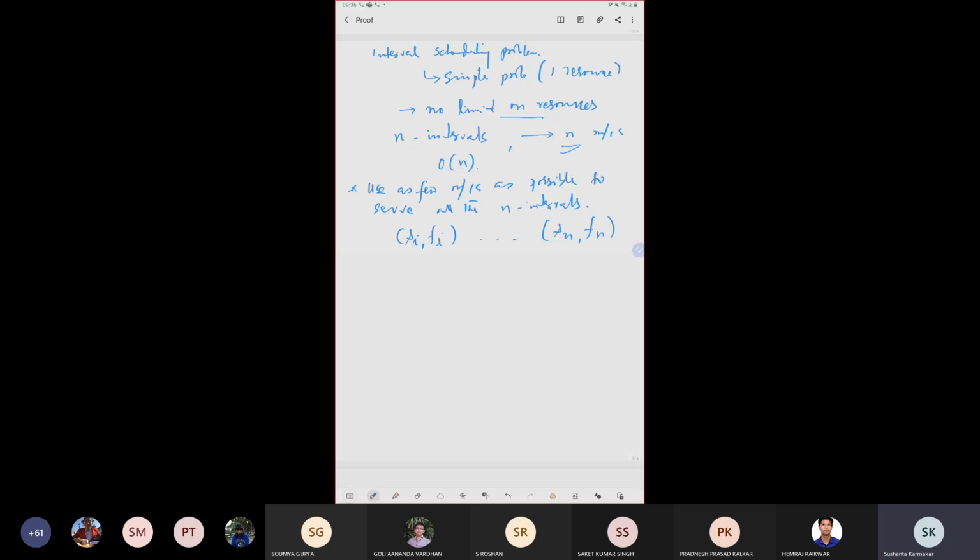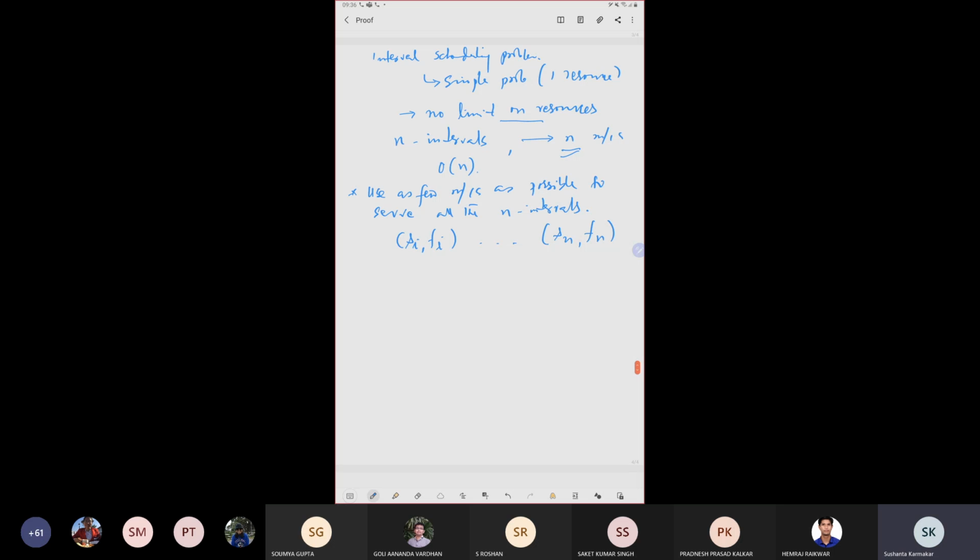Earlier there was one machine, and my job was to maximize the number of accepted ones. This problem is slightly different. It says, I want to accept everyone. Then probably with one machine I cannot do it. I need more machines.